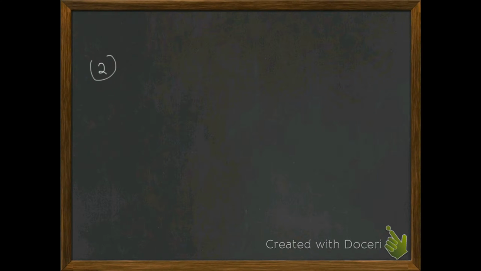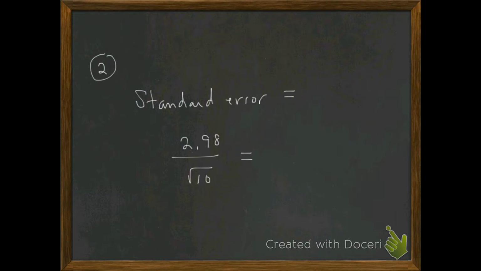So the second thing I need, therefore, is my standard error. Will be equal to 2.98 over the square root of 10. And that's 0.9424.